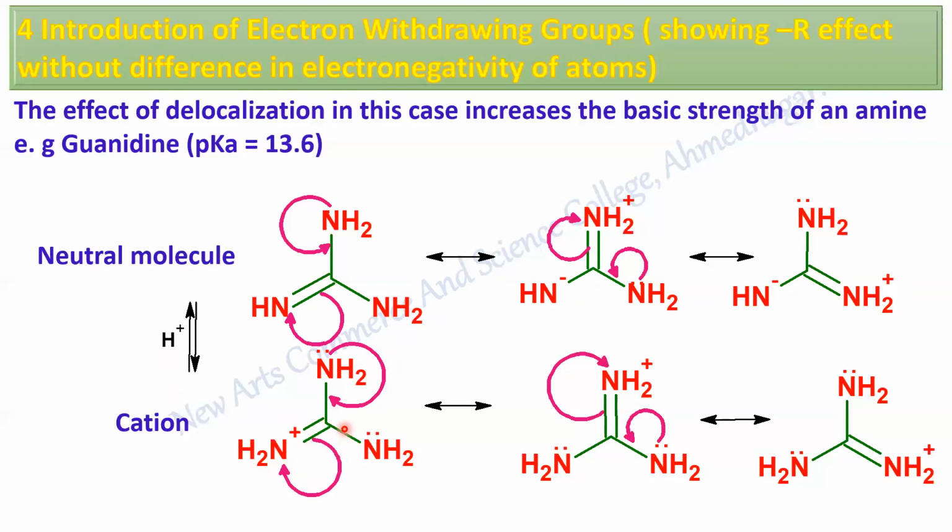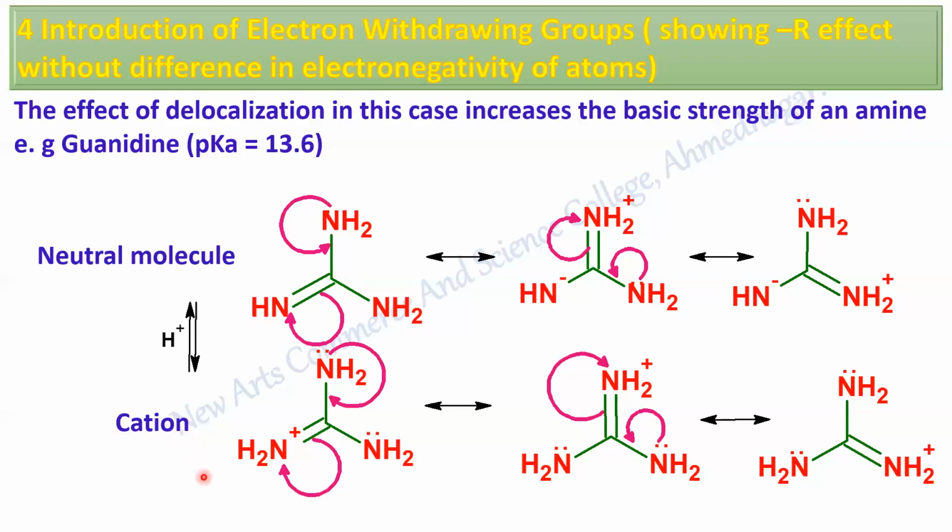We call it a minus R effect. Again, this nitrogen lone pair is transferred to the next nitrogen atom, where there is a positive charge.